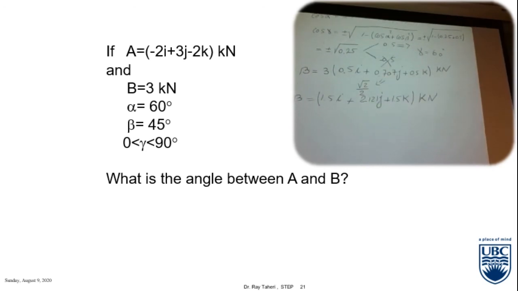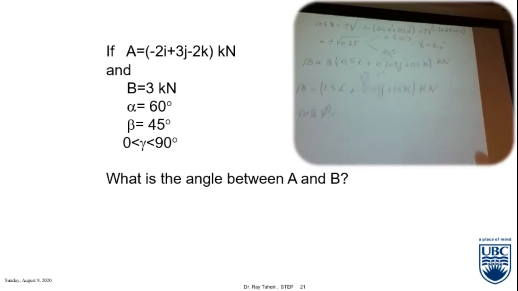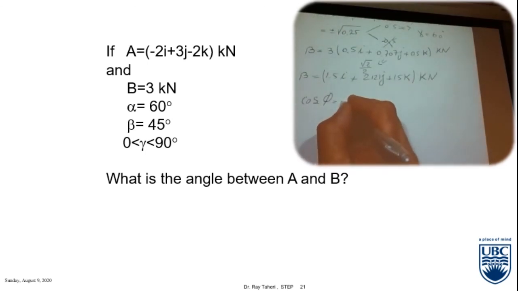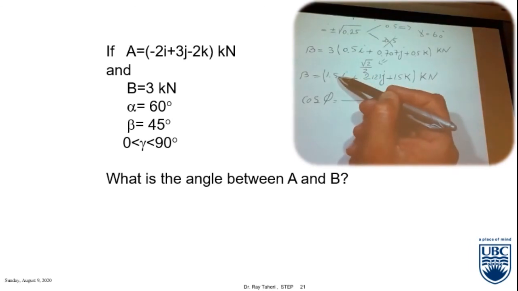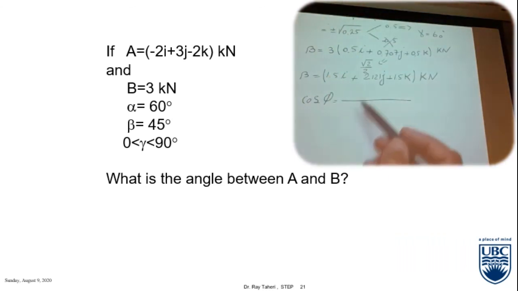So let's continue. The cosine of, I'll call it phi, which is the angle between A and B, is equal to this multiplied by this, x prime, y prime, and z prime.